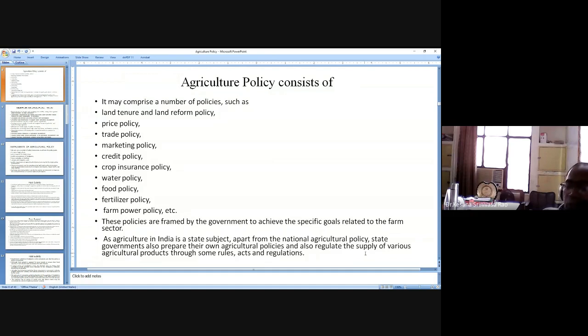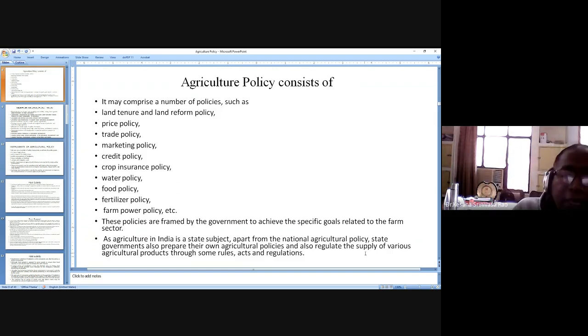Though agriculture is a state subject, the nation has its own concern, to extend facilities in the agriculture policies. That is why the supply of various agriculture products can be regulated and maintained through rules, acts, and regulations every now and then.